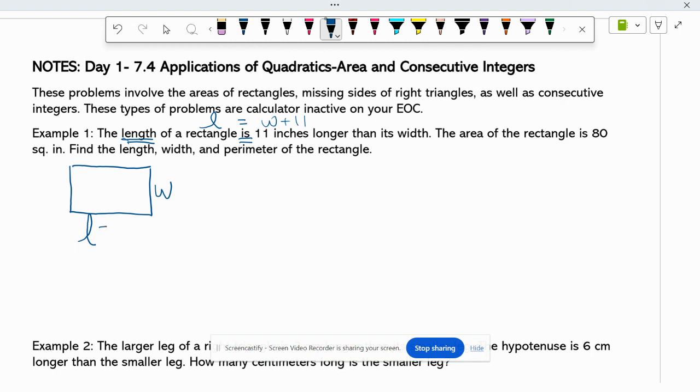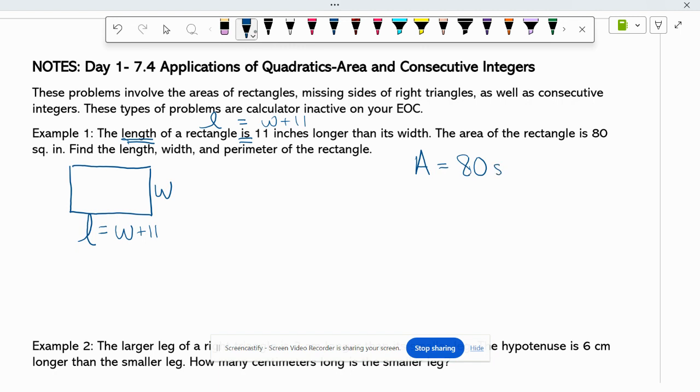All right, so right here on my label for the length, I'm going to write my length is W plus 11. It says the area of the rectangle is 80. The area equals 80. Well, I don't know why I wrote 88. 80 square inches.